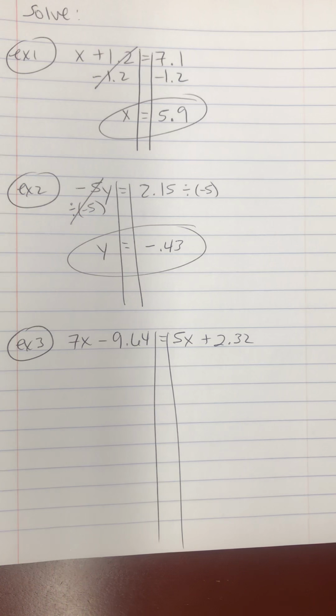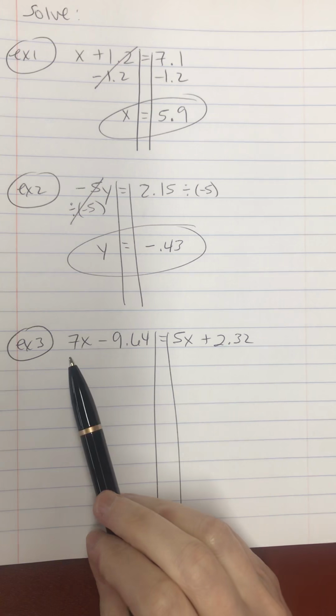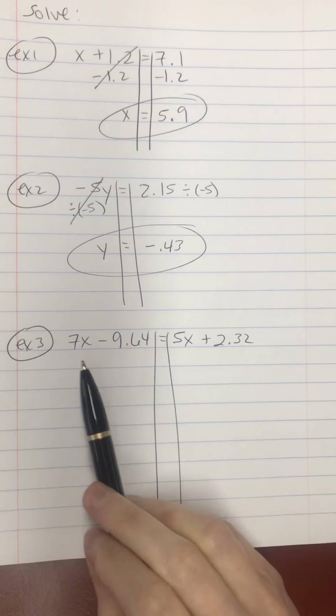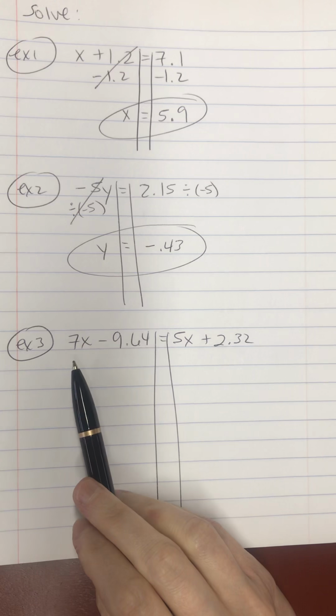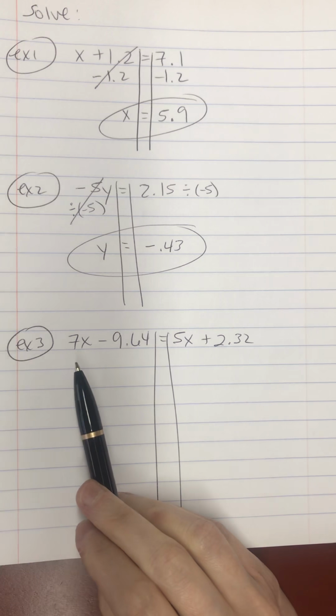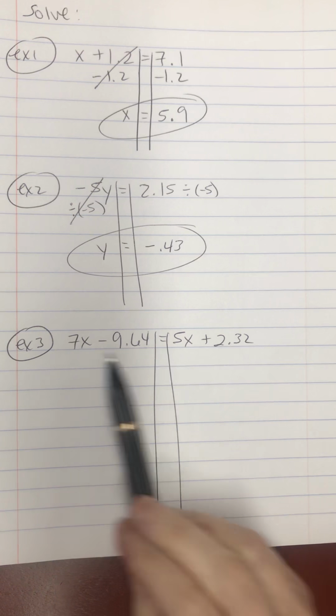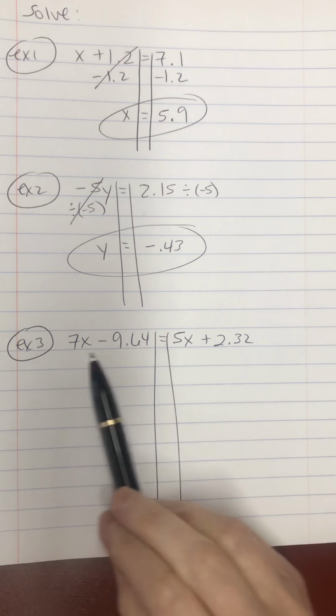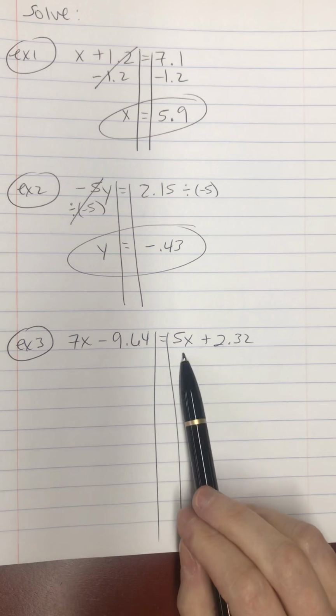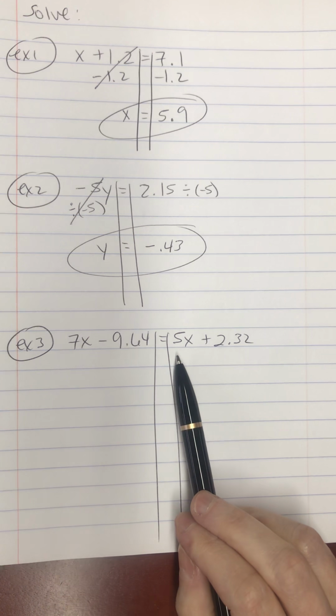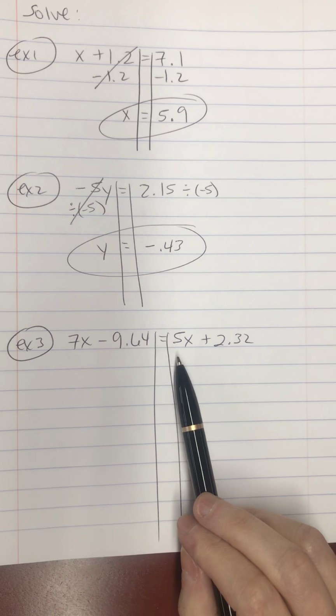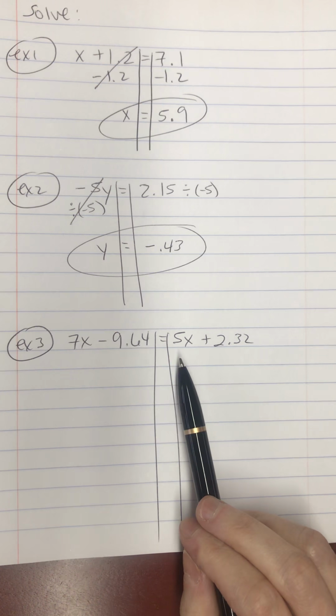When that happens, you got to get those variables together. You probably remember me asking you this question in class when I saw you face to face. One of the last times I saw you guys, I asked you, you have two options here. What do you think is easier? Do you think it's easier to subtract 7x on both sides, or easier to subtract 5x on both sides? Neither method is more right than the other one, but there is one that's a little easier.